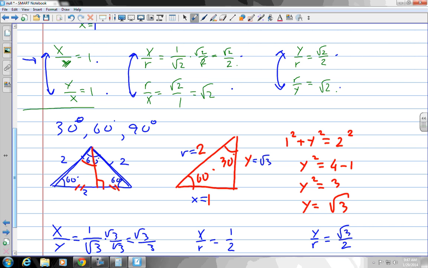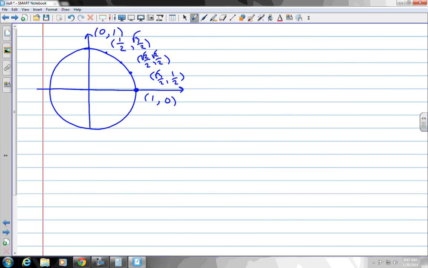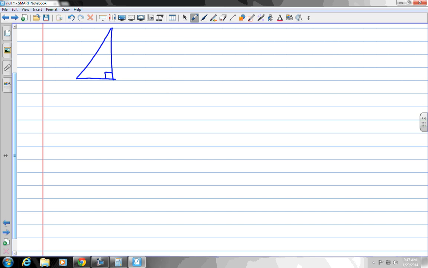Here's how we agree to label things. If I call this my angle theta, then with respect to that angle theta, I'm going to call this side the opposite side, because it's opposite of theta.